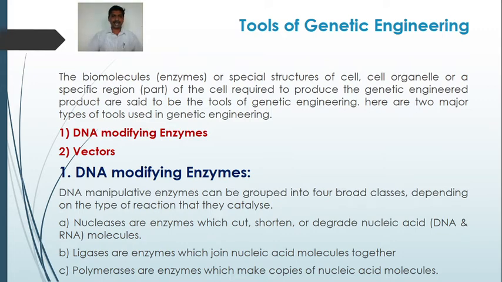The second one is the ligases. Ligases are enzymes which join nucleic acid molecules together. For joining two nucleotides through the formation of the final phosphodiester bond, ligase enzymes are required. The third one is the polymerases, enzymes which make copies of nucleic acid molecules.